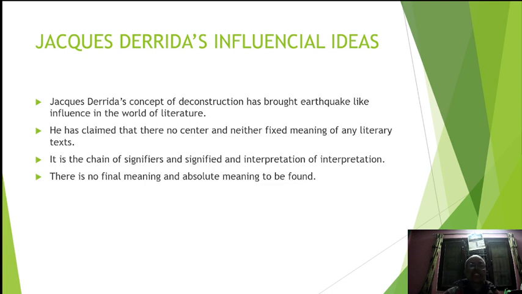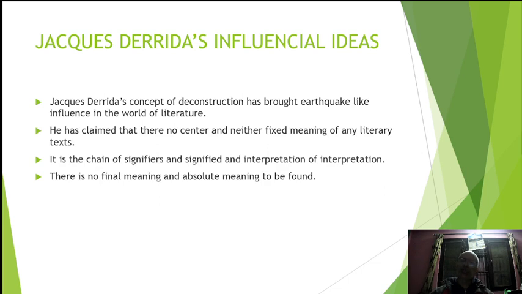Now, Jacques Derrida's concept of deconstruction has brought an earthquake-like influence in the world of literature. He has claimed that there is no center, and neither is there a fixed meaning of any literary text. That is what deconstruction is, which we talked about already. It is the play of signifier and signified, going on and on, interpretation of interpretation, and the final meaning never comes.